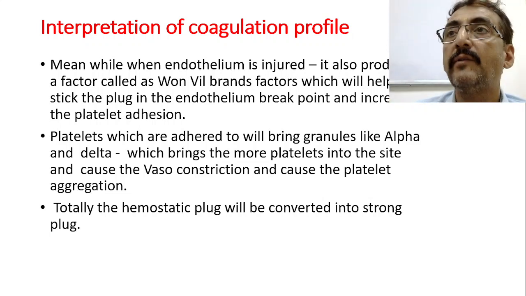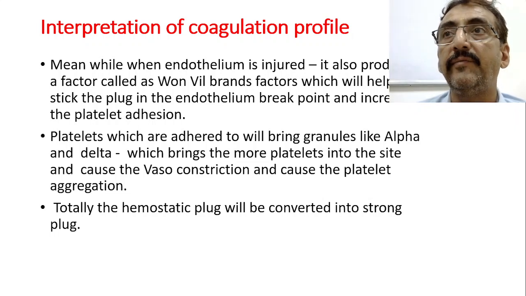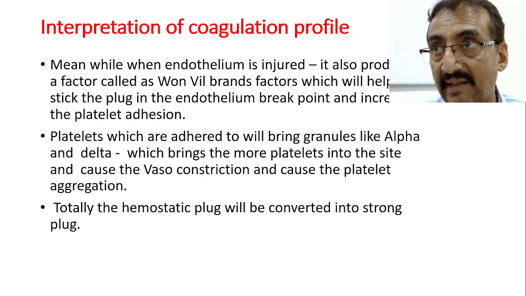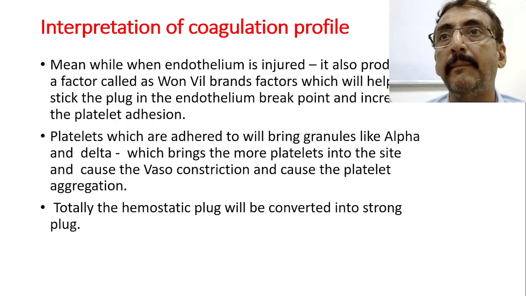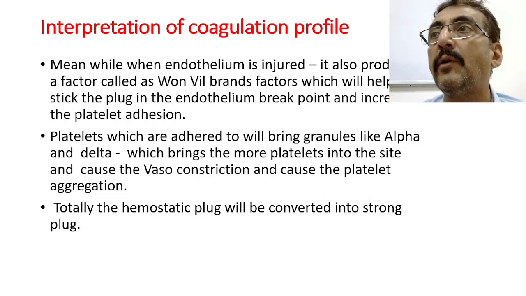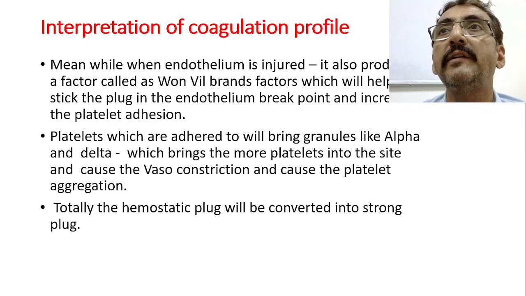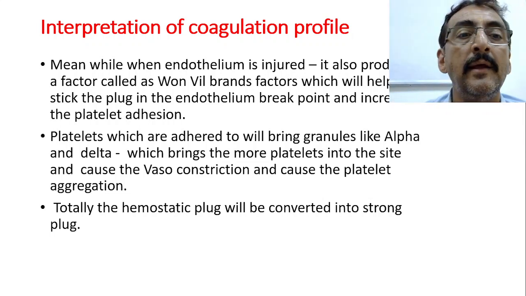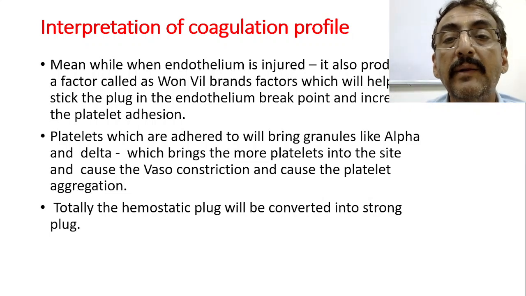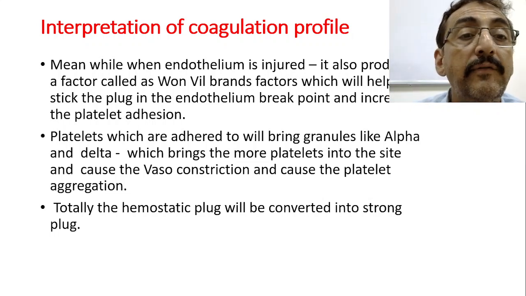And it is also required for factor number 8. Factor number 8 को stabilize करने के लिए भी von Willebrand factor is required. So it matters in both platelet disorders and clotting factor disorders. Von Willebrand factor is a common factor.